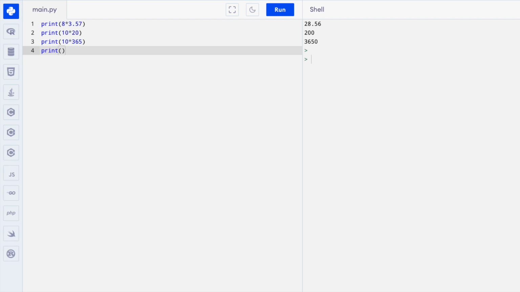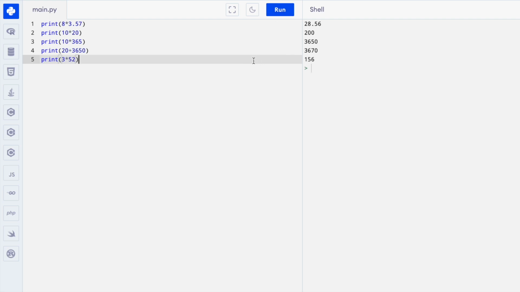And now in here we are adding print, and we are adding 20 plus 3650, and let's run it. Yeah, we are getting 3670. And let's go to another example. 3 multiplied with 52 is maybe 156.